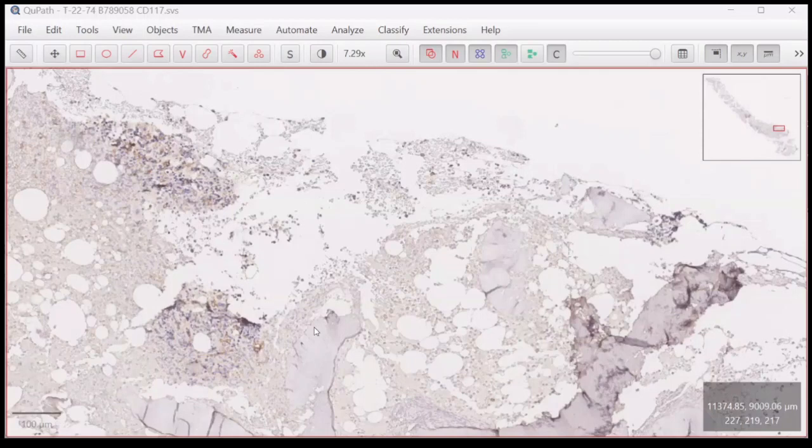Oh, I see. So looking at this post-induction, after 1 month of post-induction treatment, it looks like the treatment has managed to eradicate the blasts, and what we saw just now is just residue.